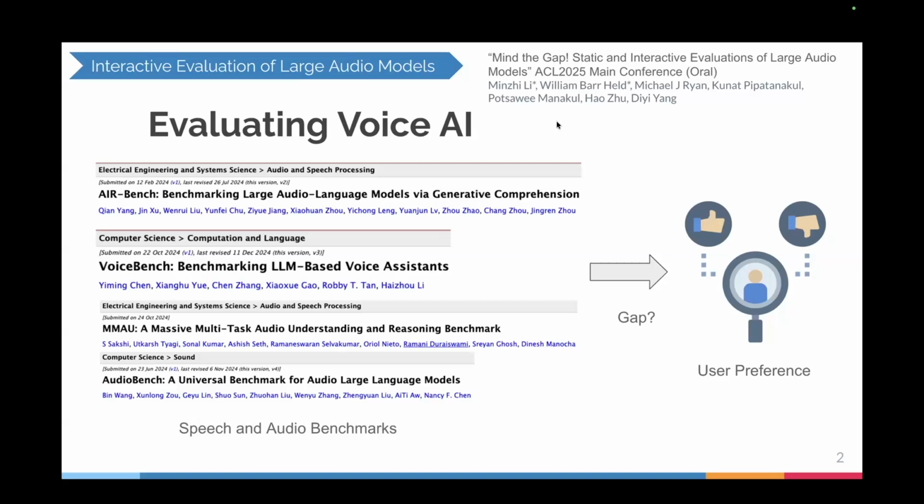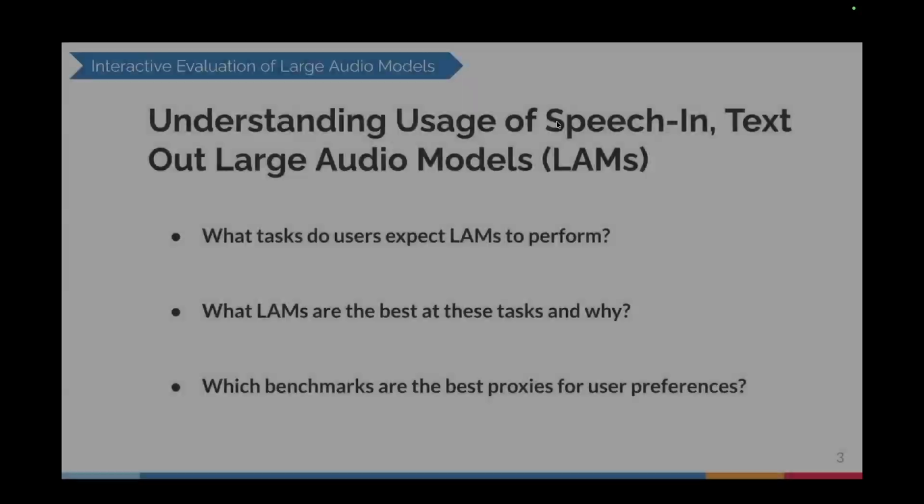Up to the time we worked on this paper, no study had collected user preference data specifically for large audio models. So this creates an important gap as we don't know how benchmark results align with actual user judgments. Therefore, researchers lack clear guidance on how to design models that better meet user needs.